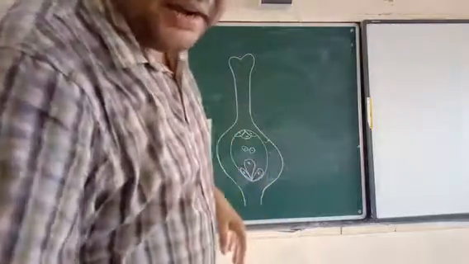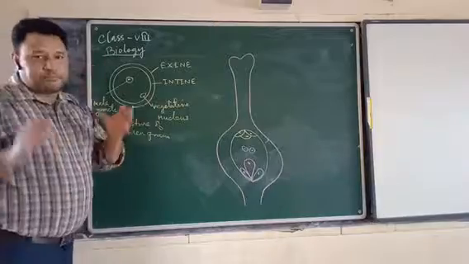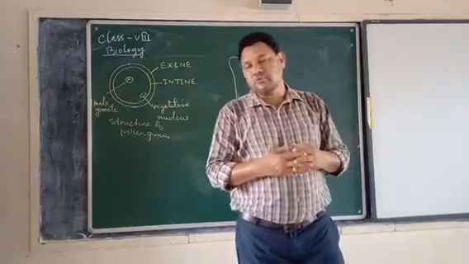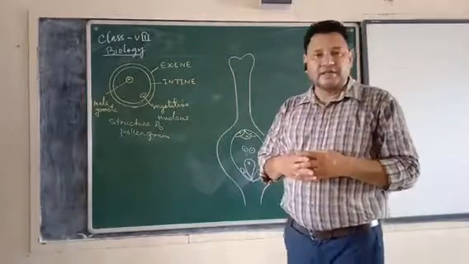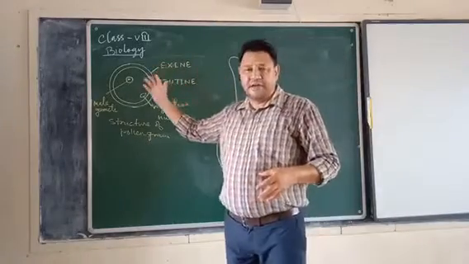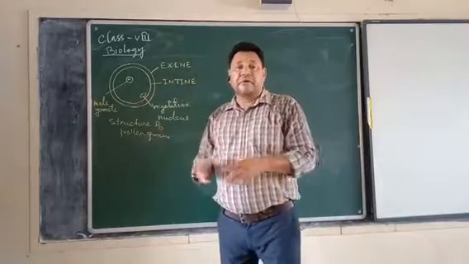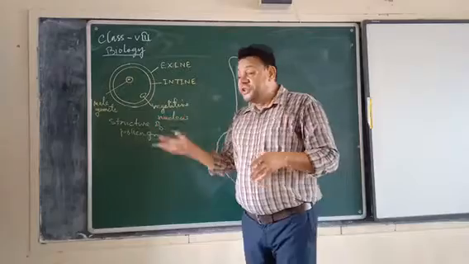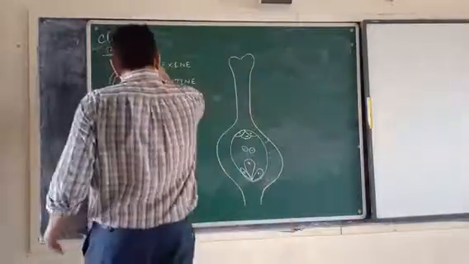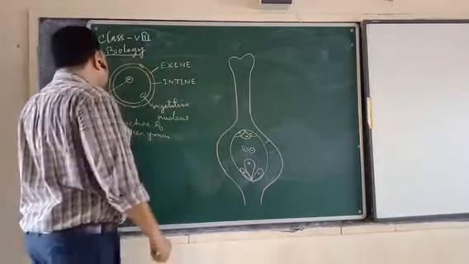The upper layer that you can see is made up of a special type of chemical. That chemical is known as sporopollenin. This is a very resistant material, so it protects the pollen grain from degeneration. Later, there will be a small pore on the exine.